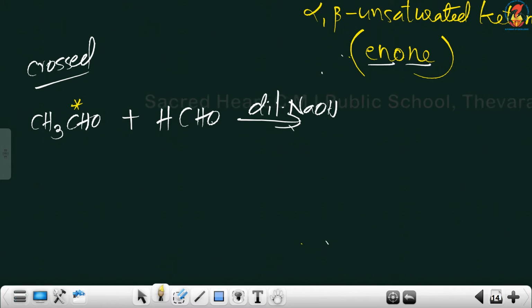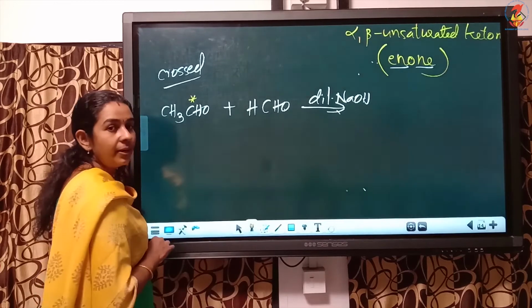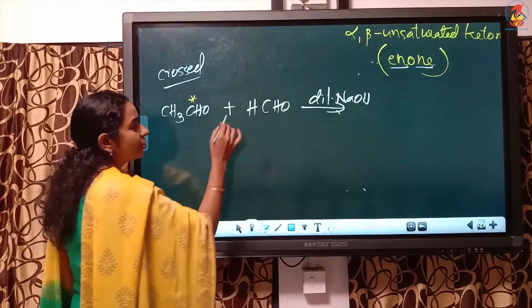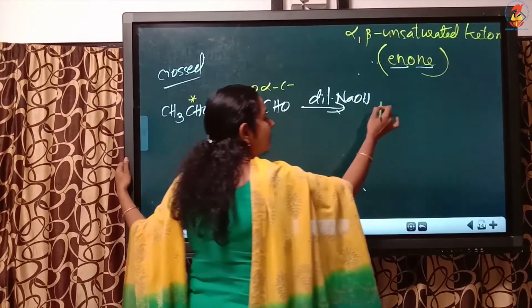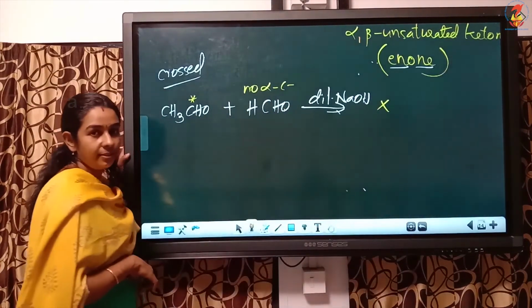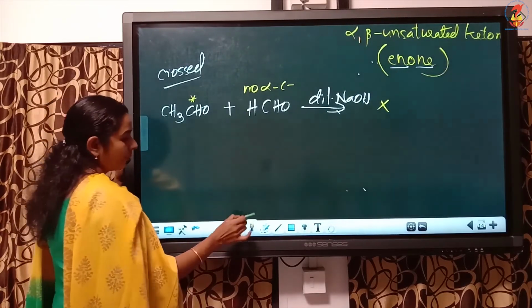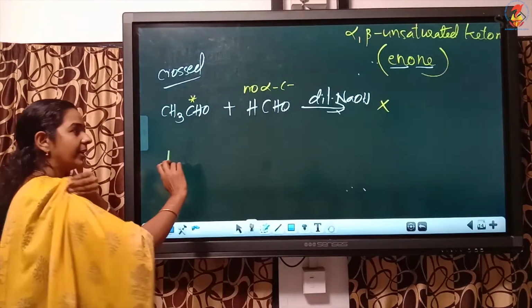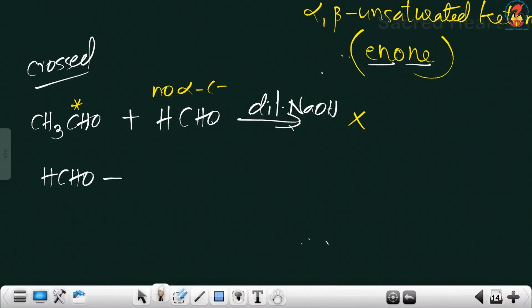Remember I am marking the carbonyl carbon here and I have to mark the alpha carbon here. Is there any alpha carbon? No. So no alpha carbon here. So this reaction is not possible. Can we take alpha hydrogen from here? No.